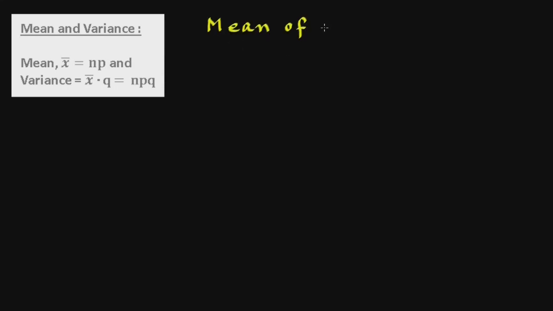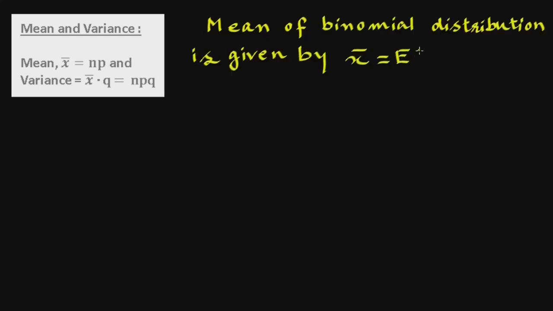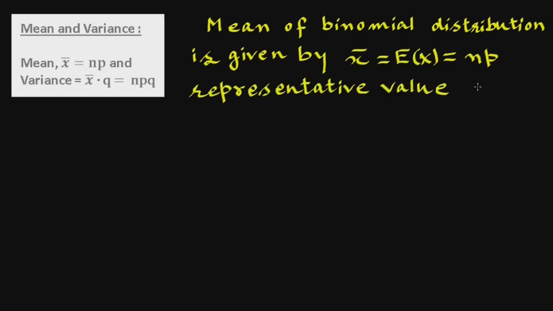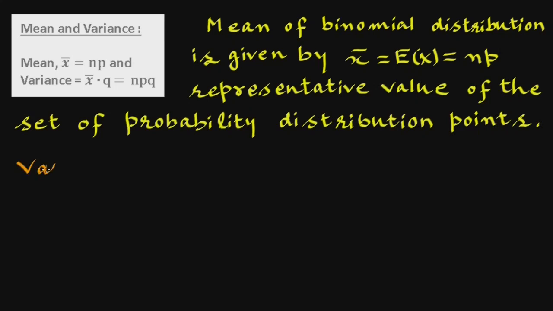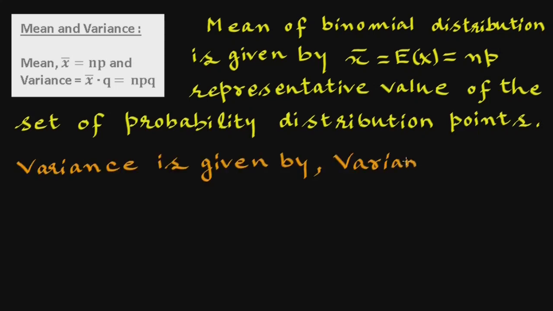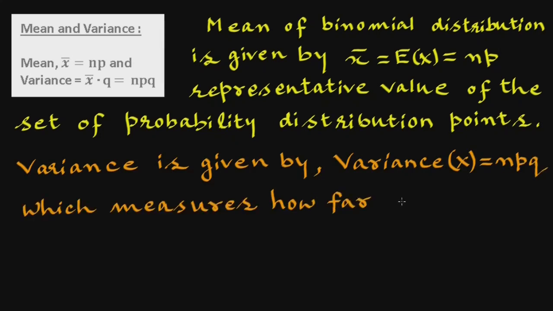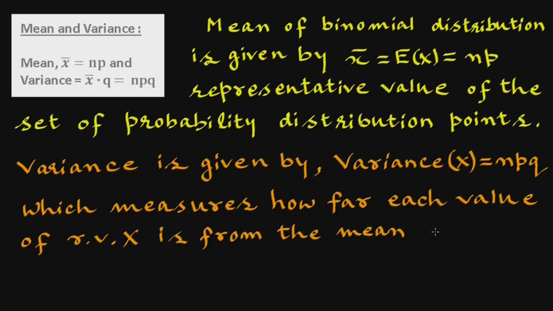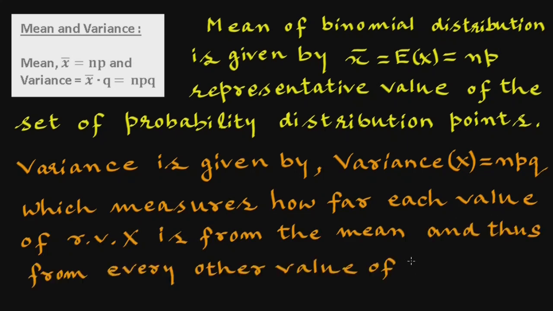The mean of binomial distribution is given by x bar or expectation E(x) equals np, which is a representative value of the set of probability distribution points, and variance is given by variance of x equals npq, which measures how far each value of random variable x is from the mean and thus from every other value of the random variable.